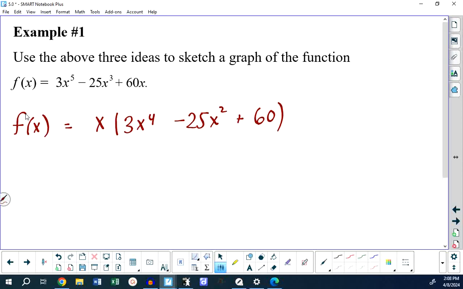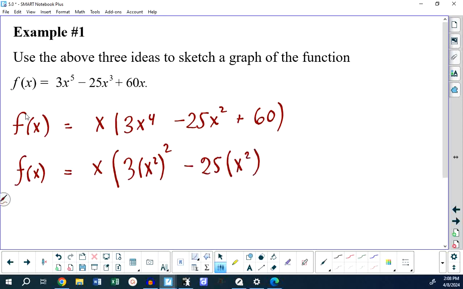And I don't think we need to write it this way, but again, you know me, I'm here not just to teach you calculus, I'm here to teach you math and different ways to look at things. This 3x to the 4 is 3x squared squared. This minus 25x squared is minus 25 times x squared to the 1. And this 60 is 60 times x squared to the 0.